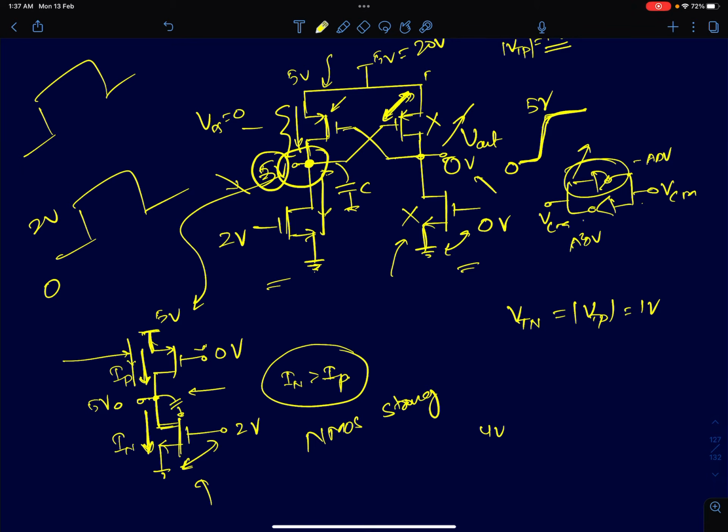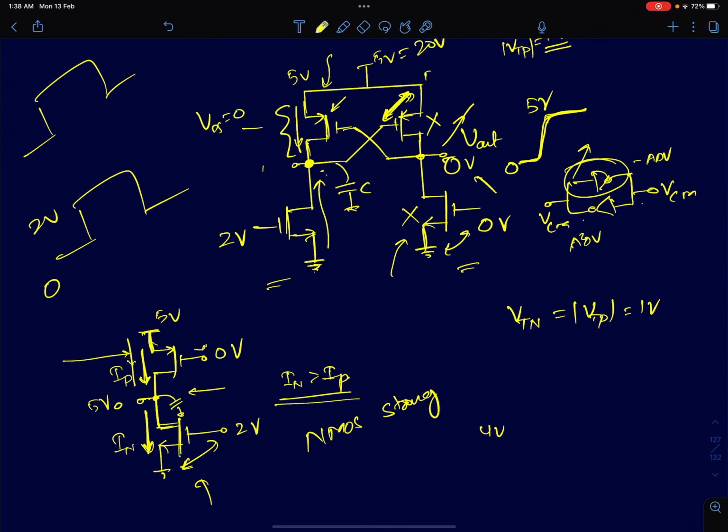I'll come to the discussion in a few moments, but let me keep this point in mind. The NMOS current has to be greater because the path from the input to the output is through these NMOS devices. The information of the input is contained in the NMOS devices. The load is just a latch, a cross-coupled PMOS device.